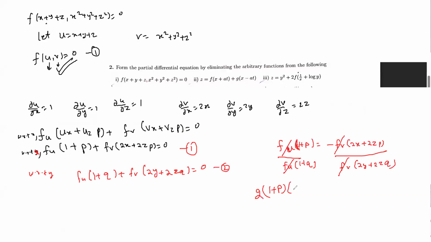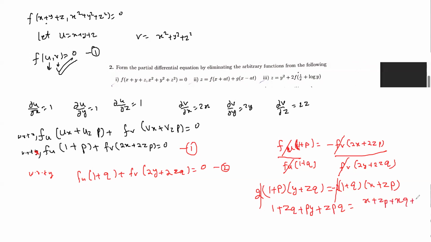Take 2 common: (1 plus p) over 2(x plus zp) equals (1 plus q) over 2(y plus zq). The 2s cancel. Opening the bracket, zpq cancels from both sides.